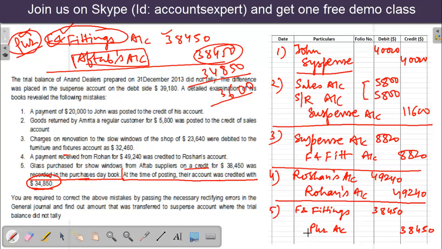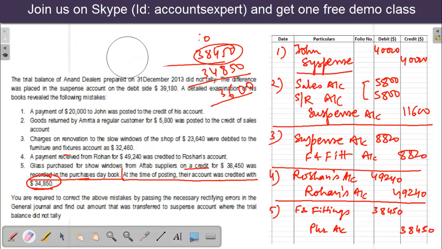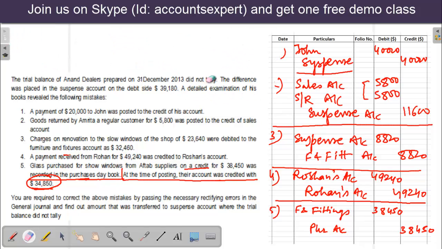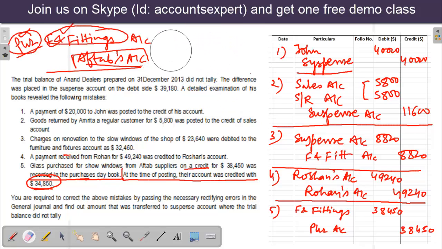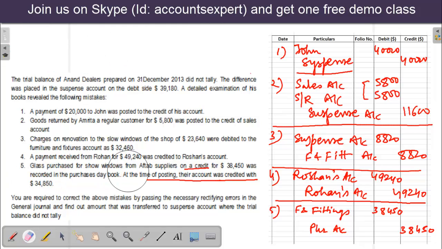So here we have to pass two entries. Let me explain this from the beginning, because it is quite confusing. What is the correct entry?